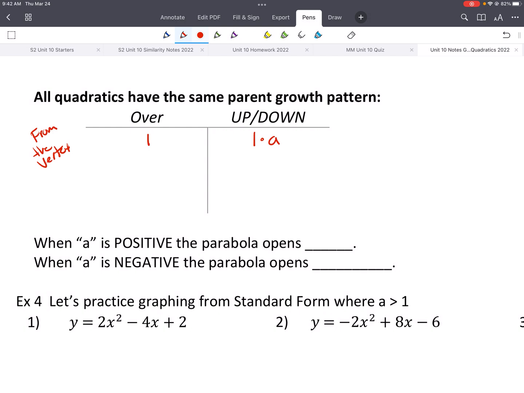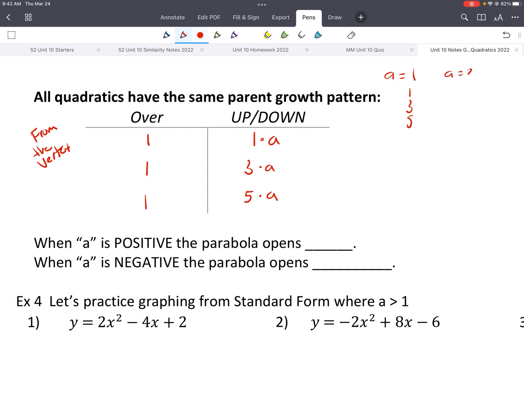So in our last lesson, we'd go over 1, up or down 3 times a, and then over 1, and then up or down 5 times a. For our last lesson, a was always 1, so we would just end up getting 1, 3, 5.